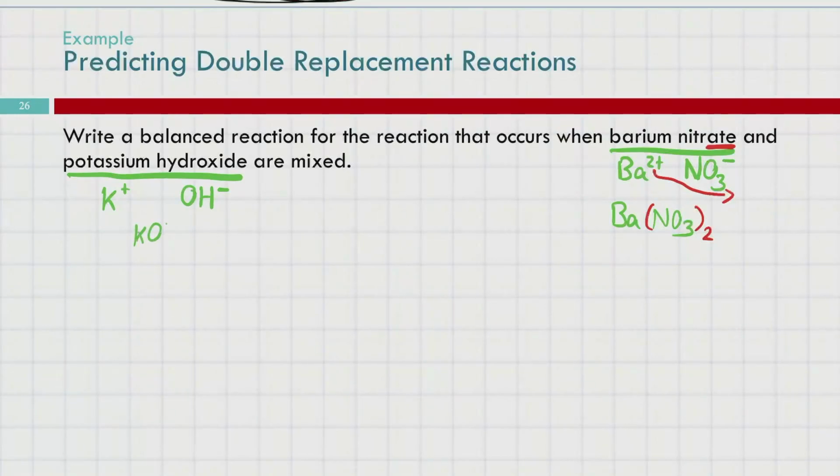So this is just KOH. So our reactants, Ba(NO3)2 plus KOH, will go on to produce something.